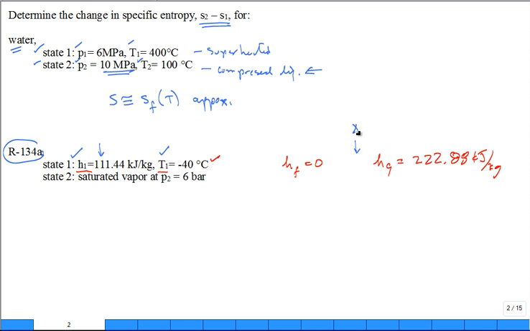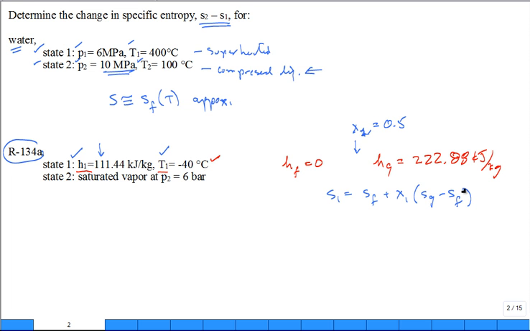Indicating that the quality at state 1 is equal to a half, 0.5. So that's how you would get the entropy at state 1. S1 would be S of F plus the quality at 1 times S of G minus S of F.